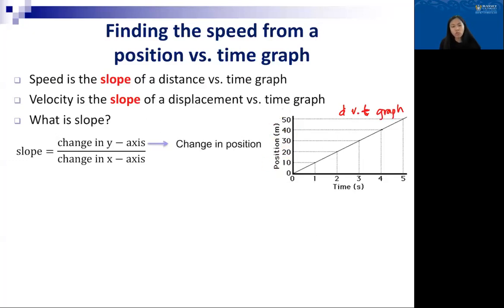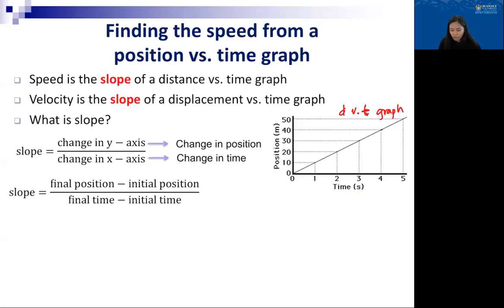So the change in y is actually the change in position. And the change in x, your x-axis gives you the time. Therefore, the change in x-axis actually gives you the change in time. So if you work this out in an equation, change again, it's final minus initial. So the slope will therefore be the final position minus the initial position.